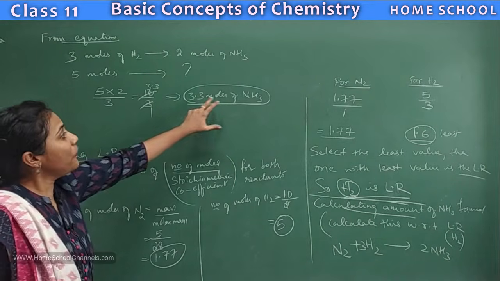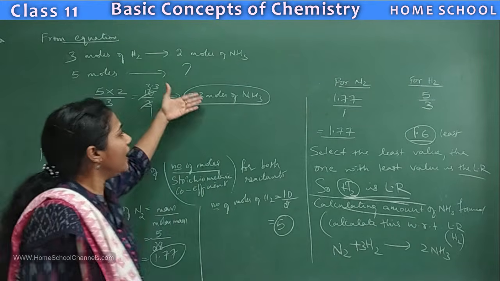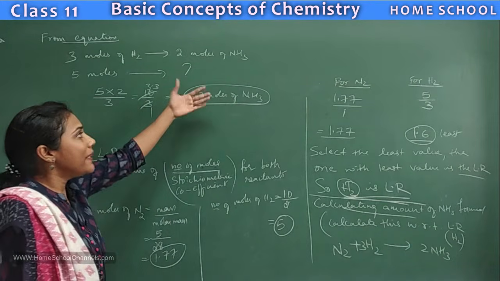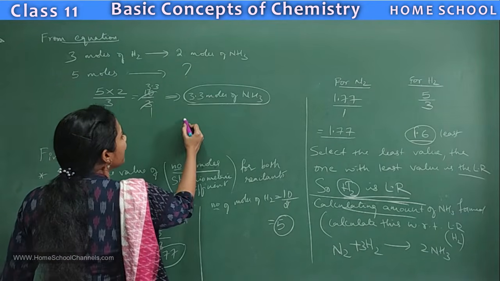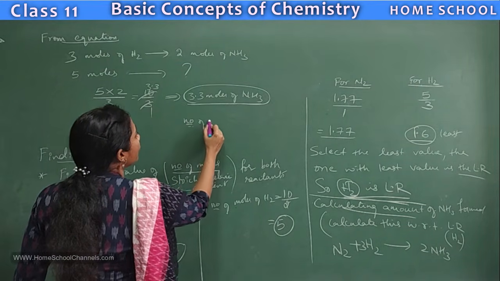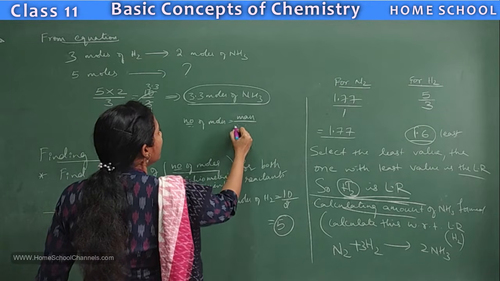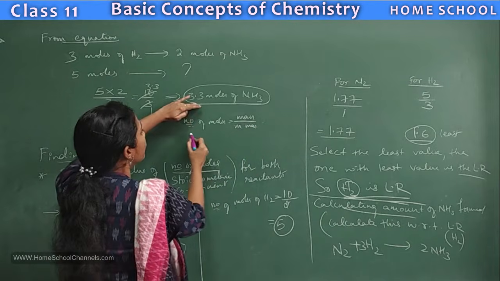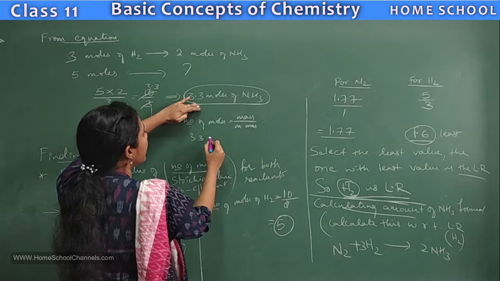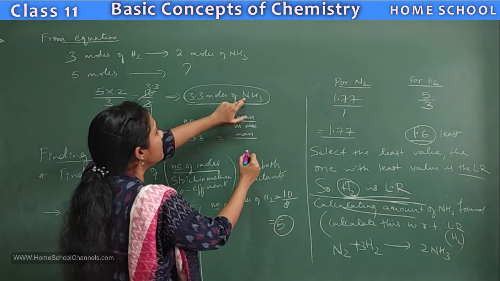Clear? So, 3.3 moles, say you are writing your answer in moles. But if they ask you in mass, how do you calculate? You know the formula, right? Number of moles is equal to mass by molar mass. So number of moles, you know, is 3.3, is equal to mass by molar mass of ammonia.